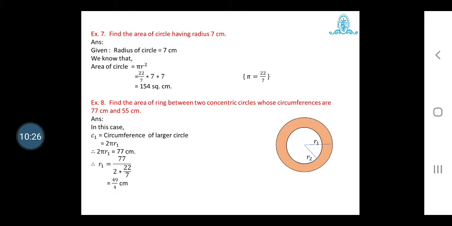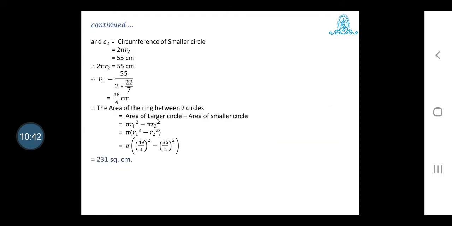Similarly, we can find R2 also by using the same formula 2 pi R2, because R2 is the radius of smaller circle. And what is the circumference of smaller circle? Which is 55 centimeter. Okay, we will continue with the next slide. C2 is the circumference of smaller circle. So if we substitute 2 pi R2 is equal to 55 centimeter, and again if we transfer the value of 2 pi to another side, it becomes 2 into 22 upon 7, because 22 upon 7 is the value of pi.